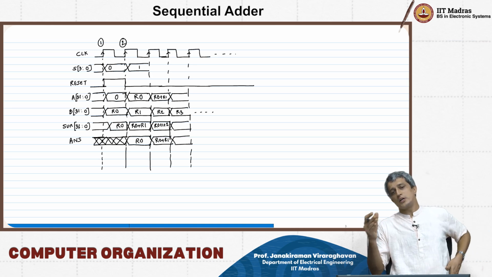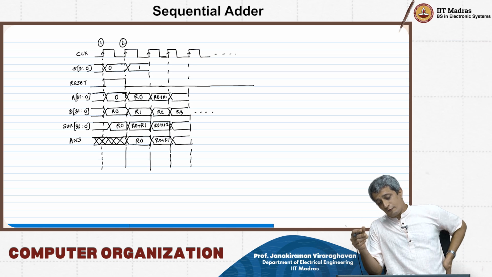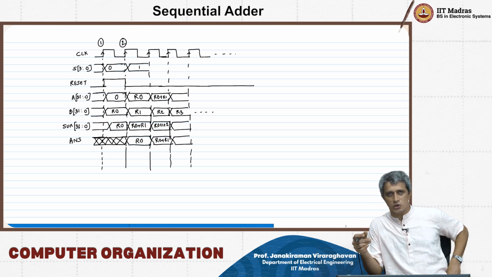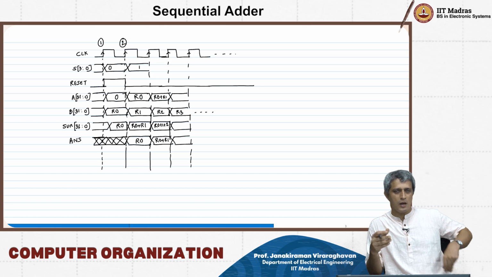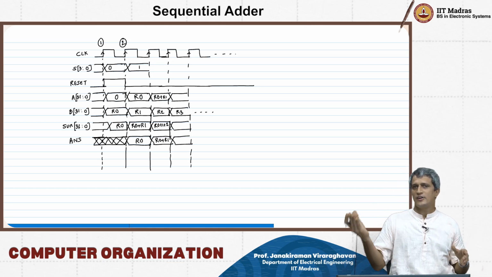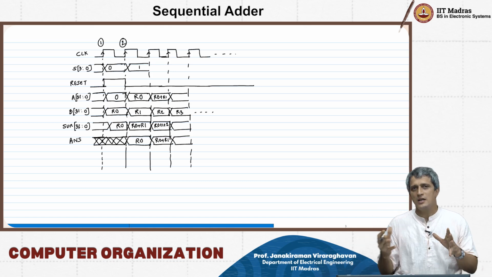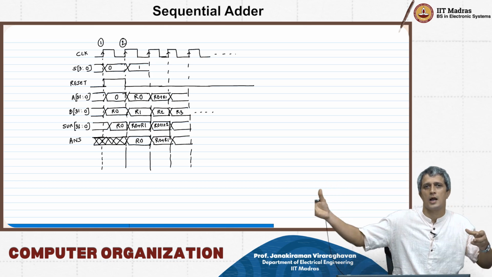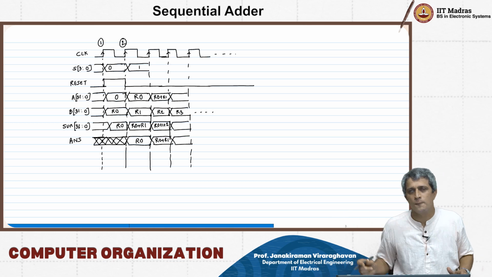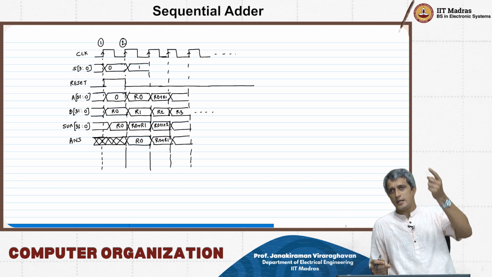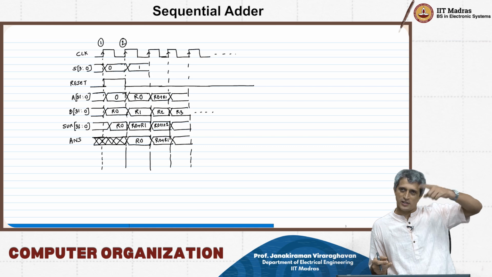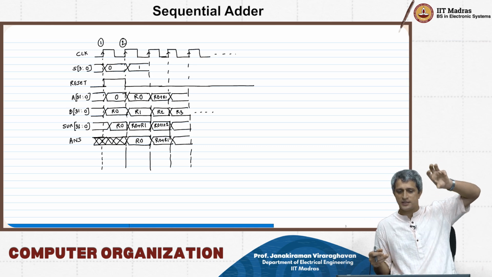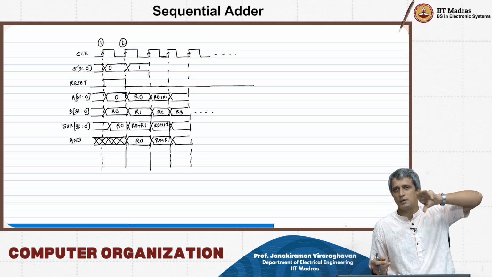So you wait until the end of the 16th clock cycle. At the end of the 16th clock cycle, in the 17th cycle, you will get the answer to store the full sum of R0 to R15, right? Then the counter will reset back to 0, reset will go high, and it will reset the A bus.